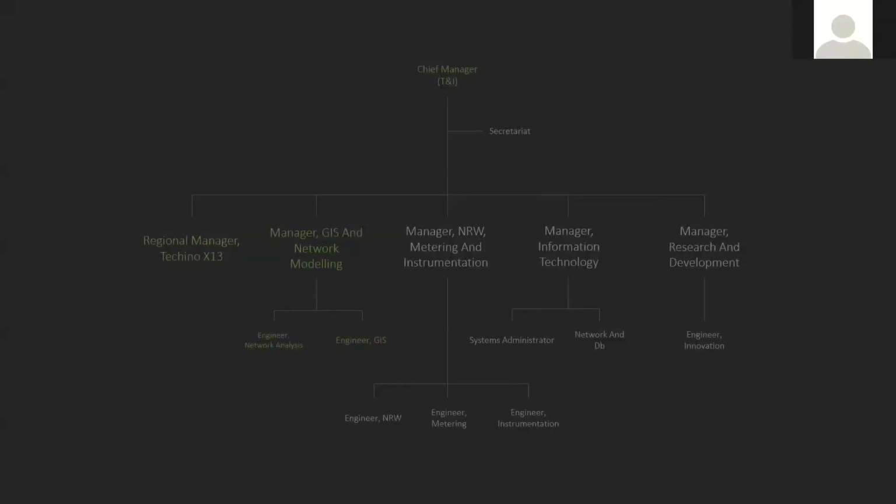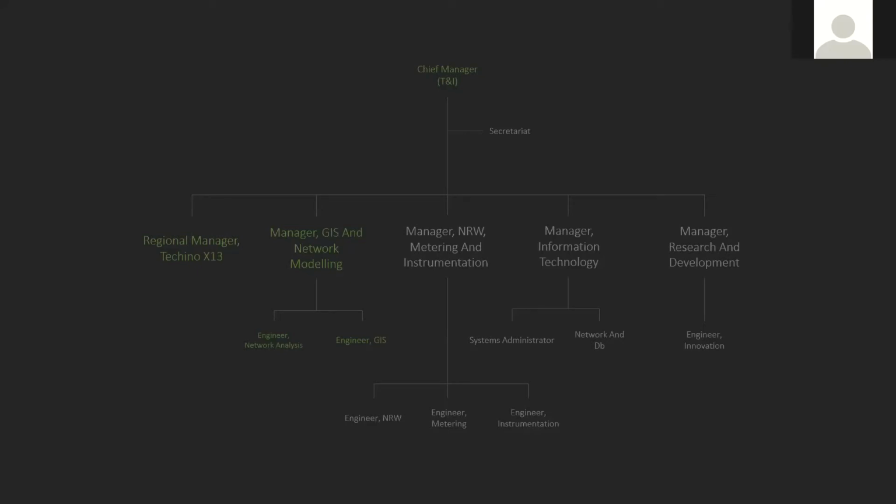Like I briefly said, our department houses a couple of units, of which GIS and hydraulic network modeling forms one of them. We have other units as well, like non-revenue water and metering and instrumentation. We have an IT unit, and then also a research and development unit.